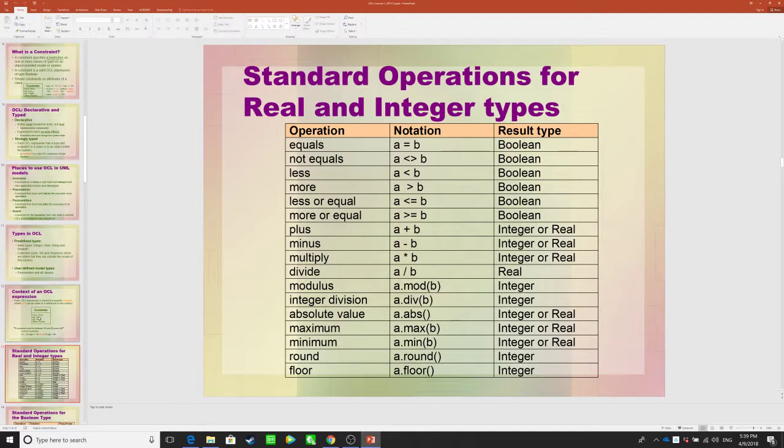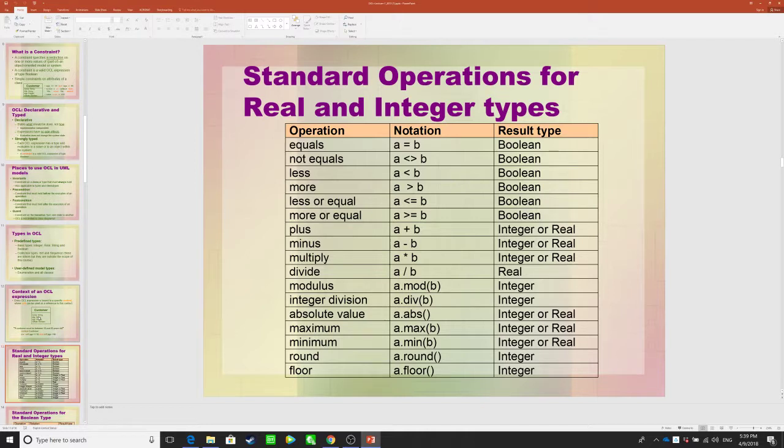Yeah. So these are some standard operations for these numbers, like real and integer. Equals returns Boolean. So we use these basic operators. I think for most of them we know what that is, right?